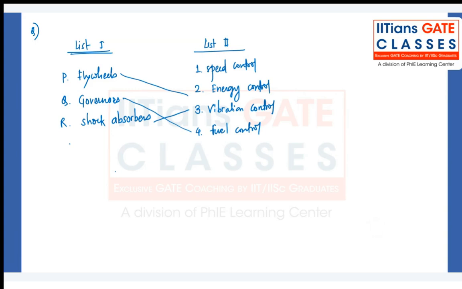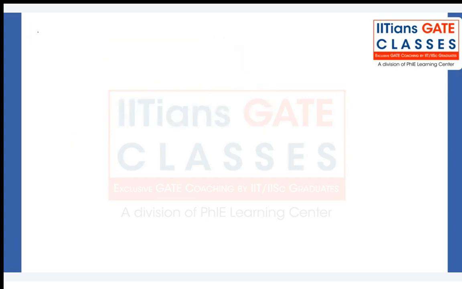Sorry, the governor has to be a fuel control, and the shock absorber is the vibration control. So this is the right choice, I would say: P2, Q4, and R3. Next question.